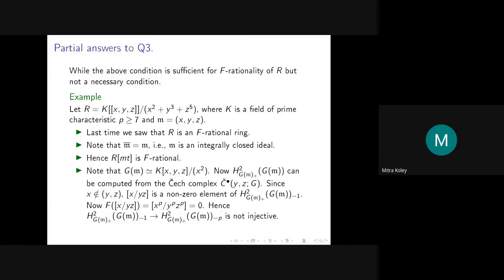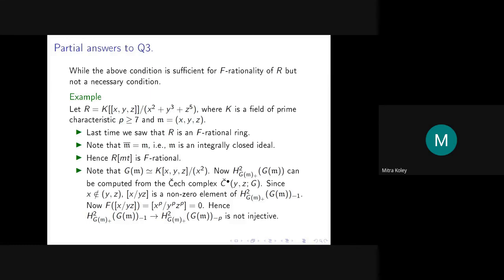Note that x is not in the ideal generated by y and z, and G_m is Cohen-Macaulay. Hence the cohomology class of the fraction x mod (y, z) is a non-zero element of H^2 of G_m, and it is homogeneous of degree -1.